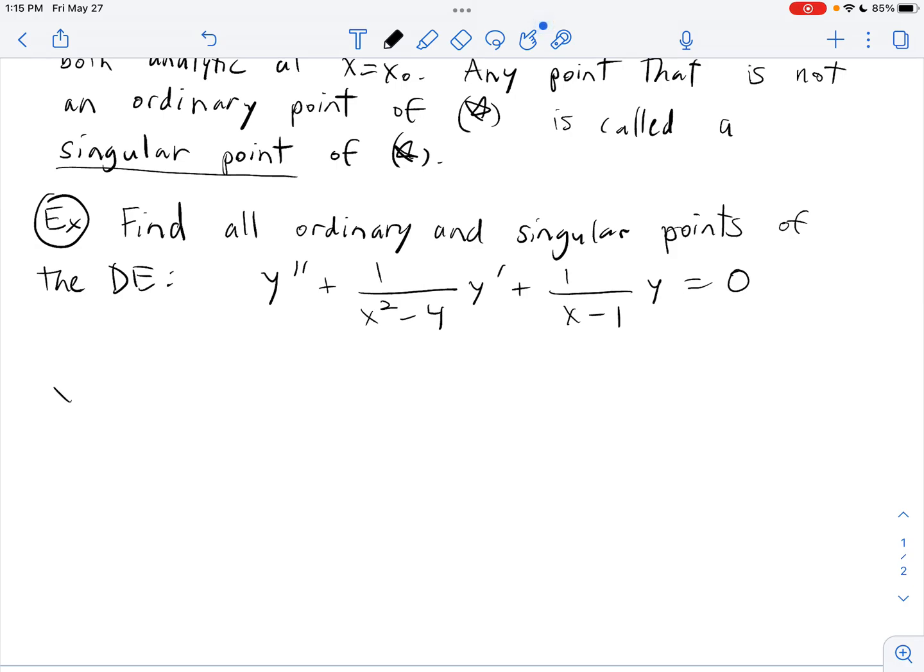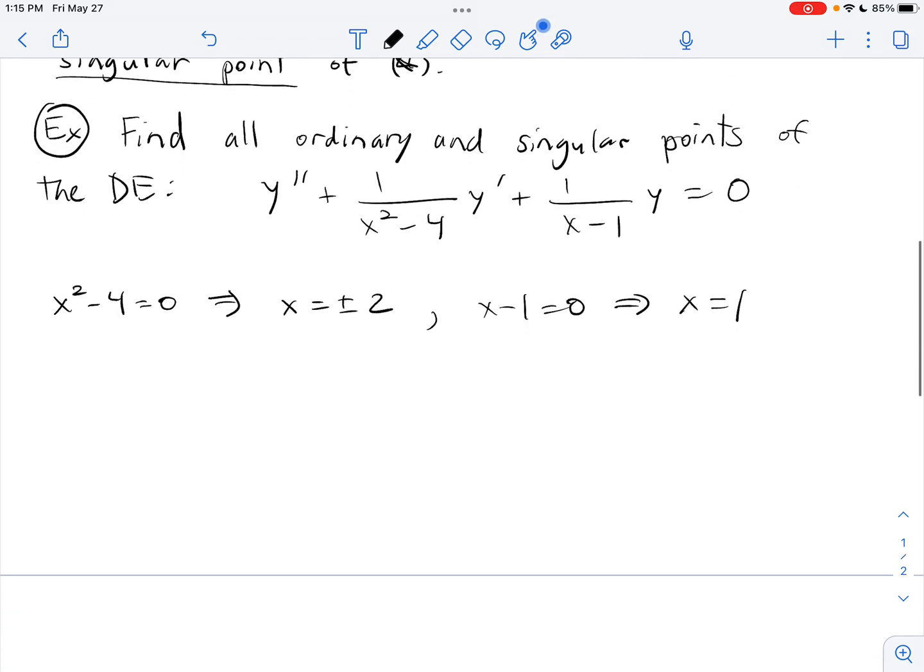So if we set x squared minus 4 equal to 0, we get that x is equal to plus or minus 2. And if we set x minus 1 equal to 0, we get x equal to 1.